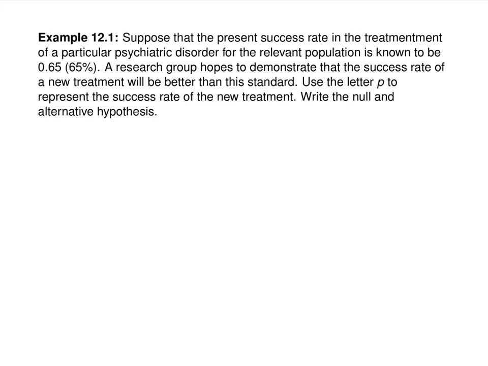The kicker in this question, a lot of you got this wrong on your quiz, is that they gave you a null value. They told you what the baseline get-better rate is. So H naught is nothing going on, your treatment is not better than the old treatment, which means your proportion of success is equal to 0.65.